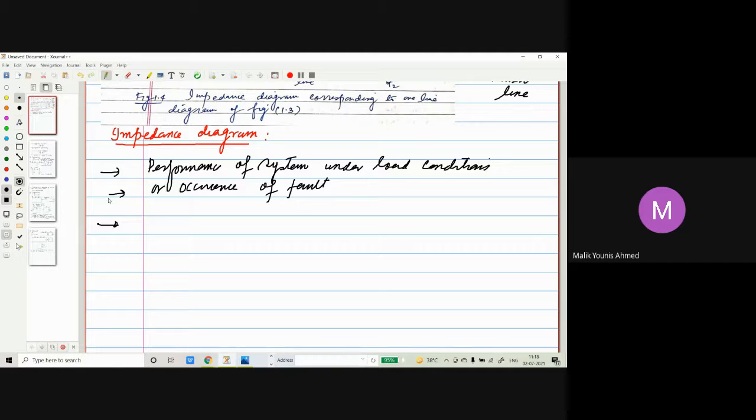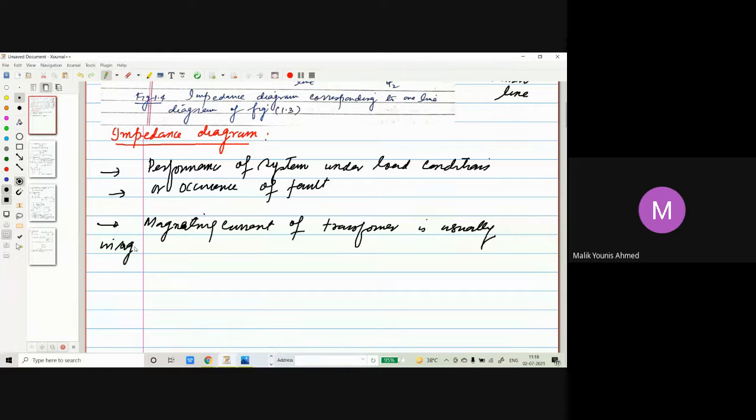So next is, second, I have told you magnetizing current of the transformer is usually insignificant, because I have told you the magnetizing current is very small as compared to the full load current. So I'll write here magnetizing current of transformer is usually insignificant.